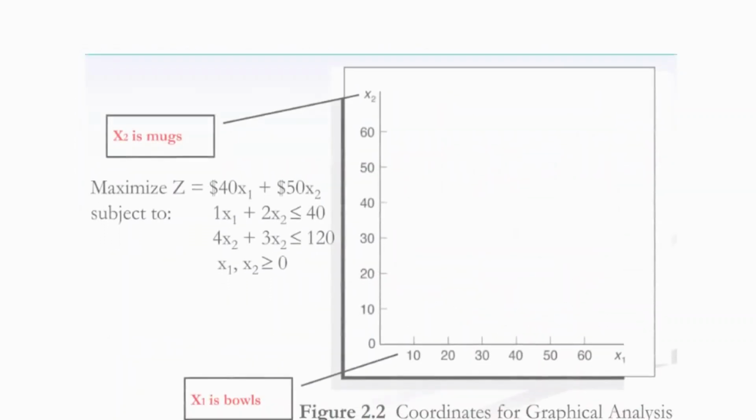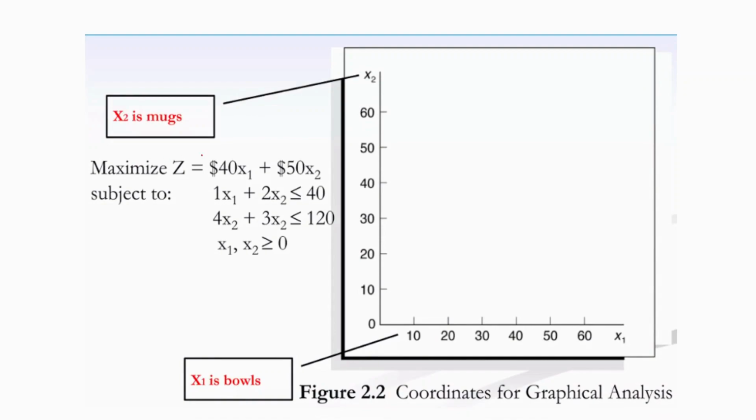Now consider the example of the number of bowls and mugs. I'll represent the bowls, x1, on the x-axis, and the mugs, x2, on the y-axis. Here you can see we have labeled them, and we have a scale of 10 on both the x and y-axis.